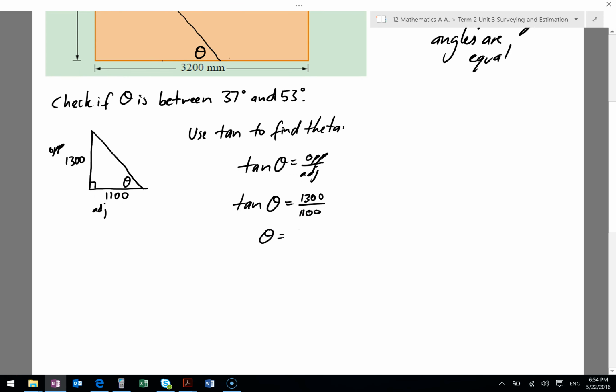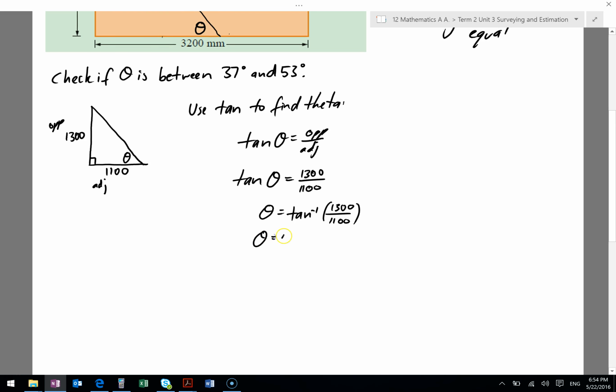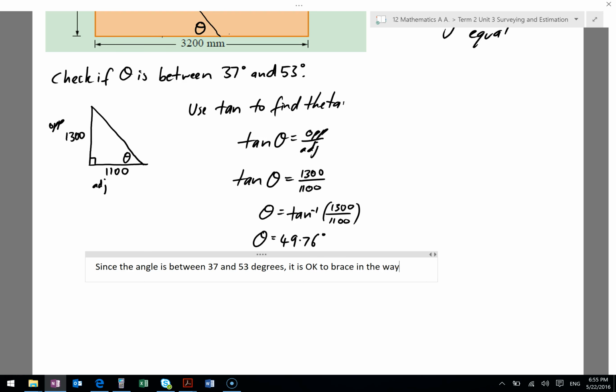So to get this angle by itself, inverse tan: what angle gives me a ratio of 1300 on 1100? 49.76 degrees. So I'll make some statement down here now. The angle is between 37 and 53 degrees. It is okay to brace in the way shown in the diagram.